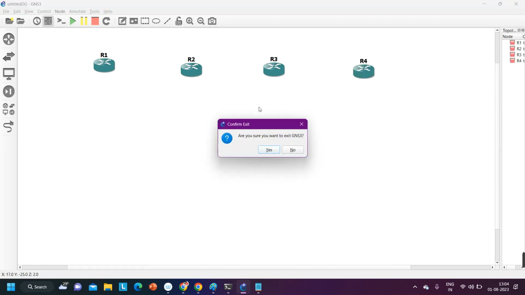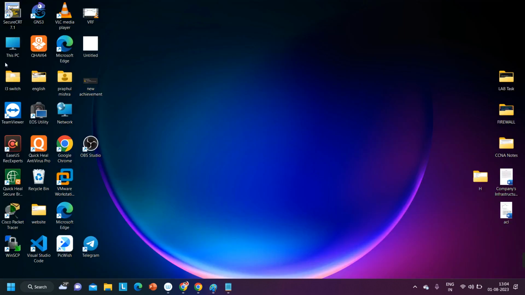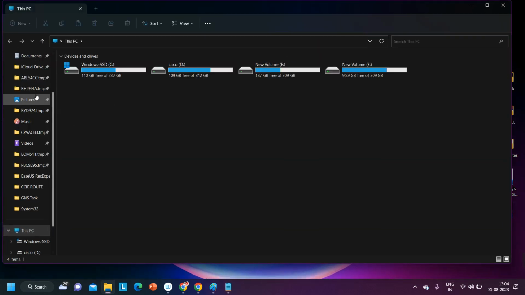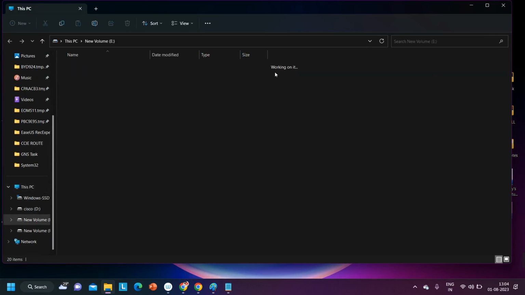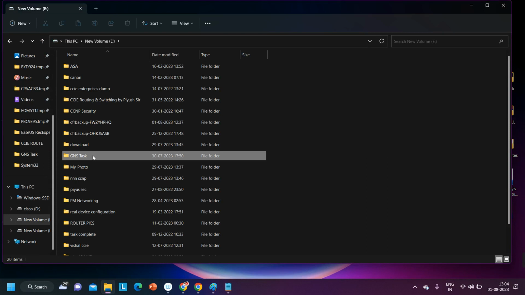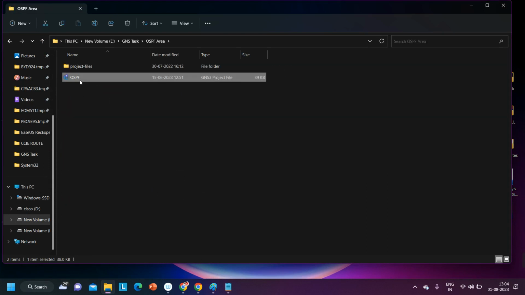Or I think I have this topology. Let me check. GNS3 task. Here, OSPF area.